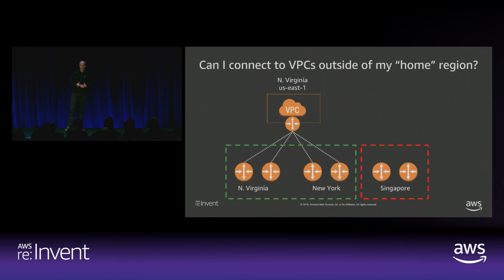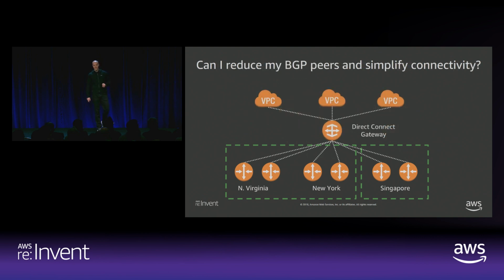I have a new branch office in Singapore, but all of my data and everything that I need is in US East 1. With Direct Connect Gateway, you can simplify both of these questions: global connectivity, crossing regional boundaries, and simplified peering and VPC attachment.